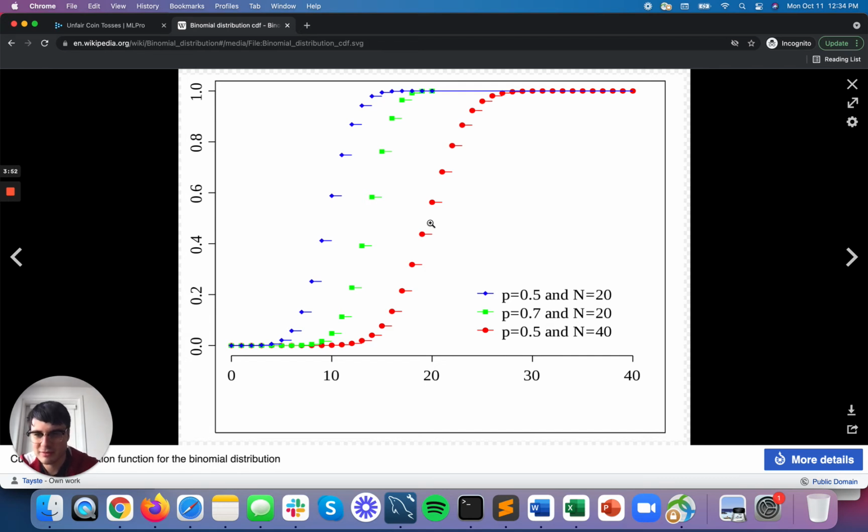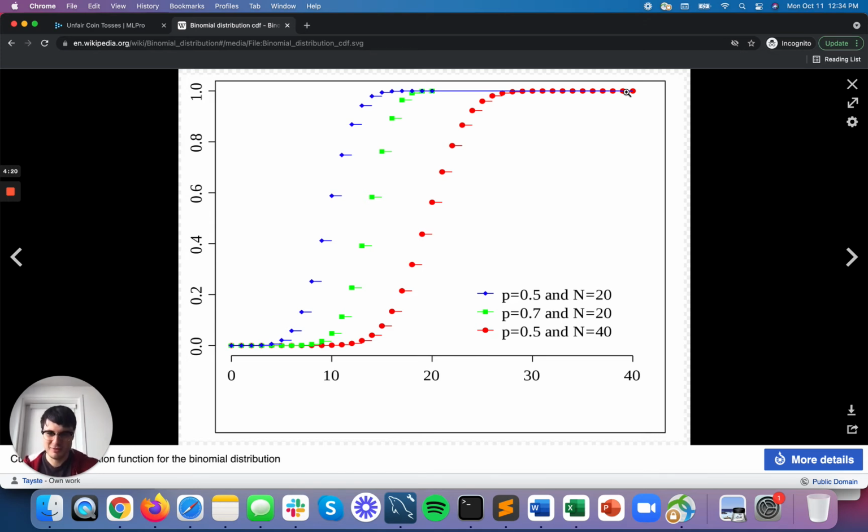Because, if you're flipping it 40 times, you could expect about 20 heads. Of course, if you're flipping it 40 times, the probability that you could expect less than or equal to 39 heads is really close to 100%, because that's basically the probability that you get 0 heads, or 1 heads, or 2 heads, or 20 heads, or 35 heads.